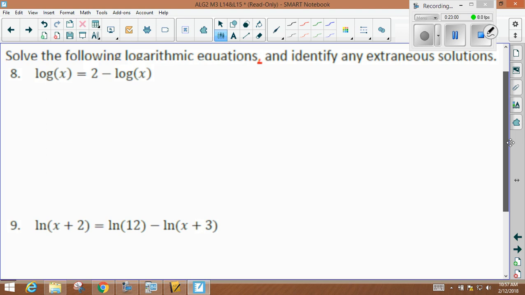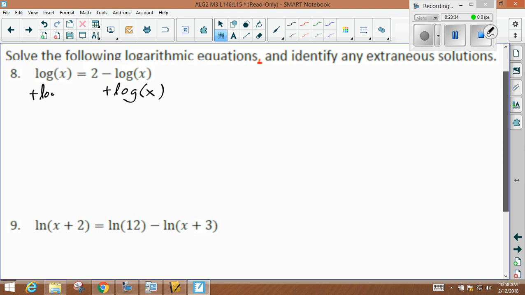You need to either have one logarithm on one side of your equal sign and a number on the other side, or you could have one logarithm and only that logarithm on one side and another logarithm on the other side of the equal sign. I need to make that look like one of those two cases. So what I really need to do is get log x to the left-hand side. How do I do that?